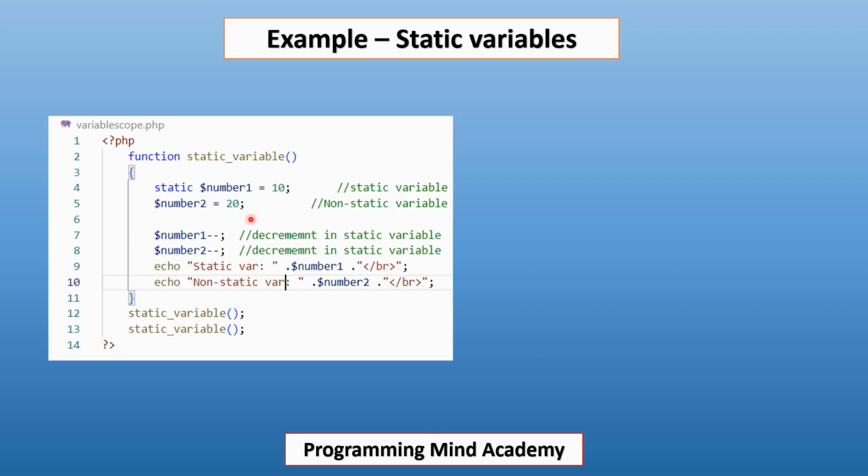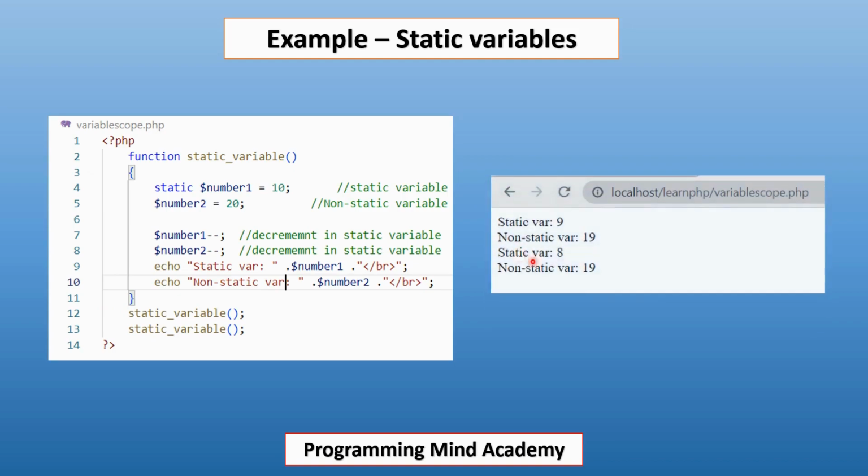Now we are going to understand how the static variable behaves and how the non-static variable behaves. We are decrementing both of the variables, and we have called the function two times. So let's understand the result.